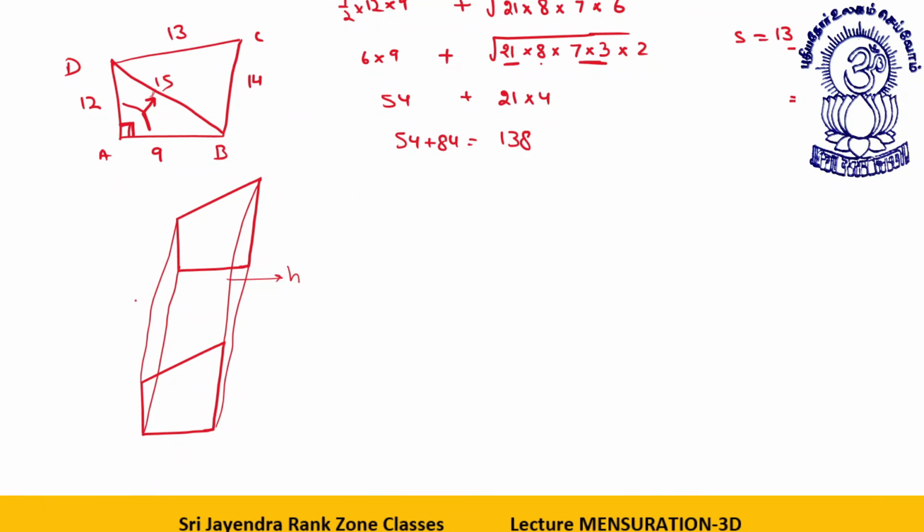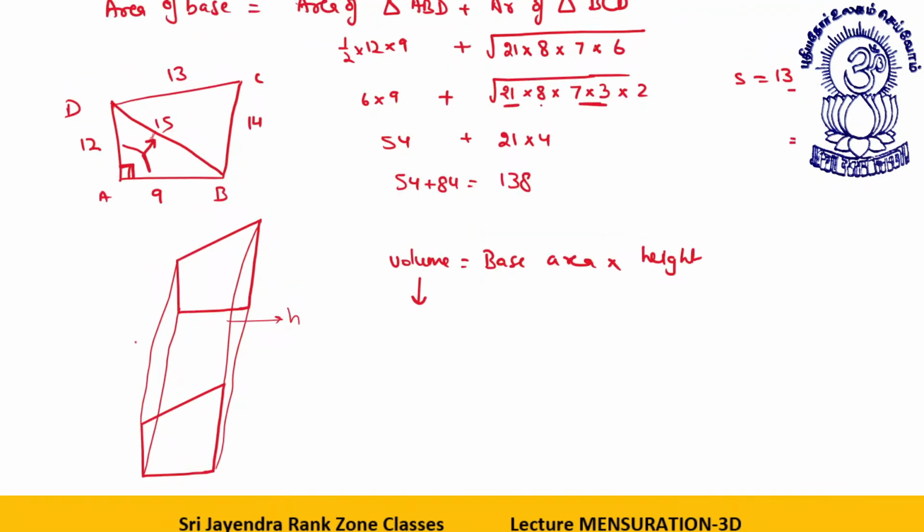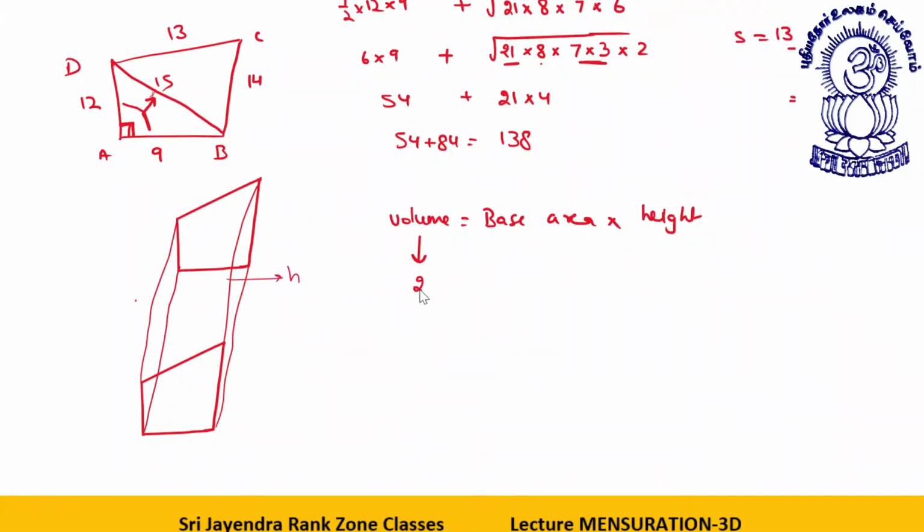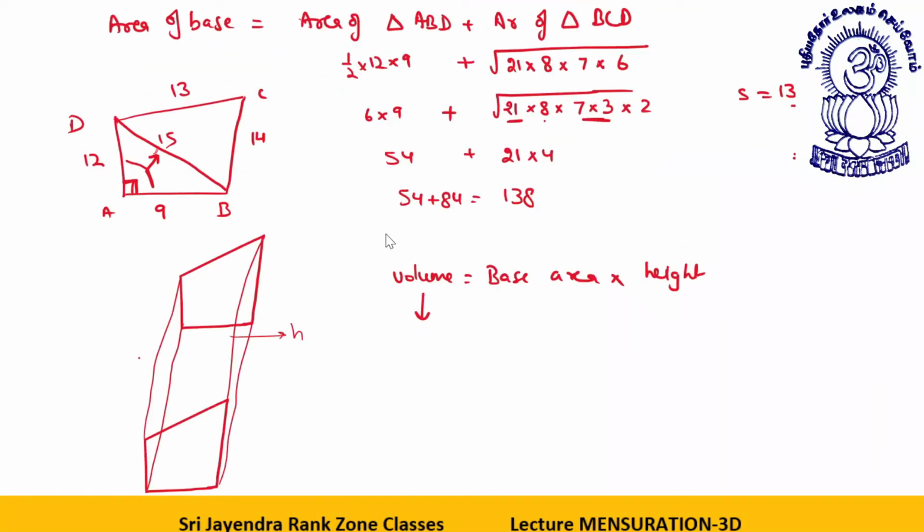Now what will be the volume? My dear students, the volume will be base area into height. Okay, this volume is given to you as 2070. Now this volume was 2070. What is the base area?